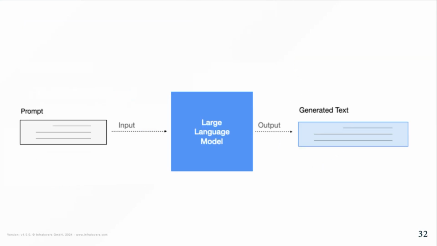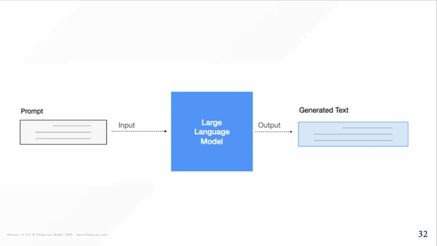So, but how can we imagine this? Well, let's say we, the user, input a query or a sentence or a question, any form of input, into the LLM, which is called the prompt.